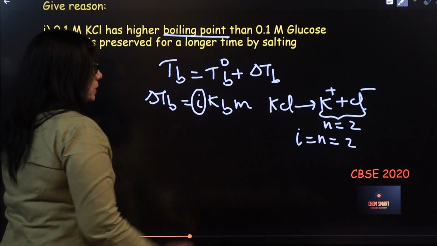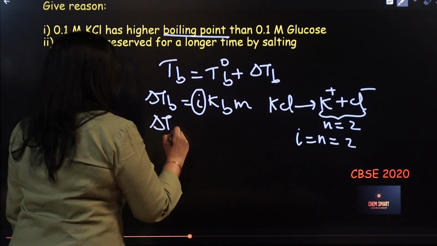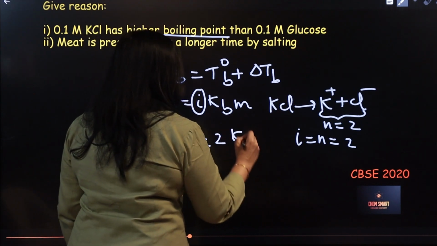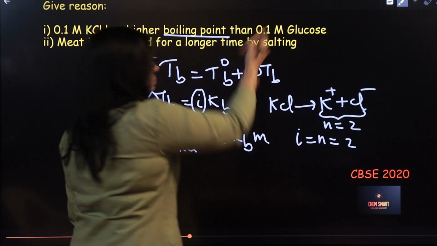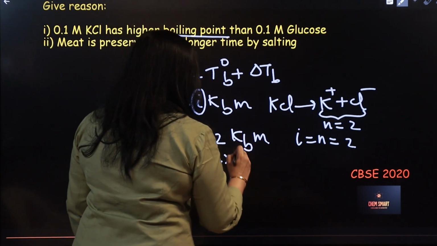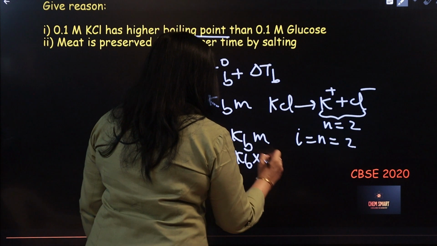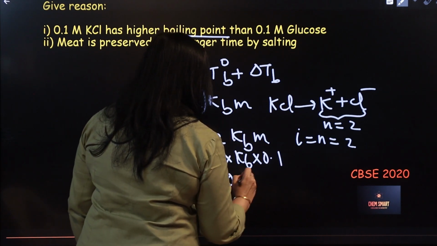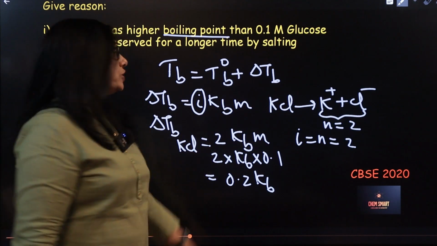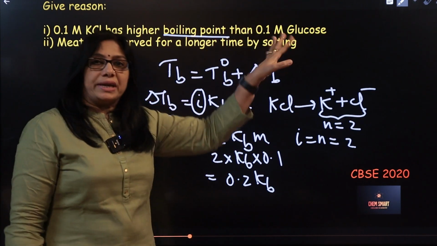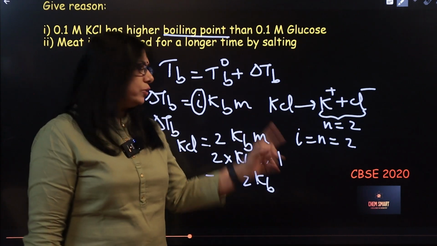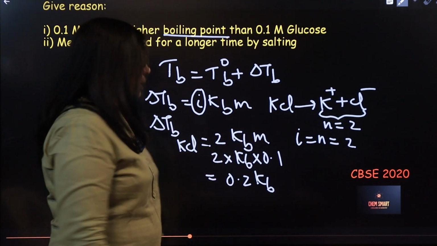So delta Tb of KCl will be 2 times Kb into m. m is 0.1, so it will be 2 into Kb into 0.1, which is 0.2 Kb. By the way, no need for confusion because it is written 0.1 capital M. In this case, you can take it interchangeably. You can substitute it here, no problem.